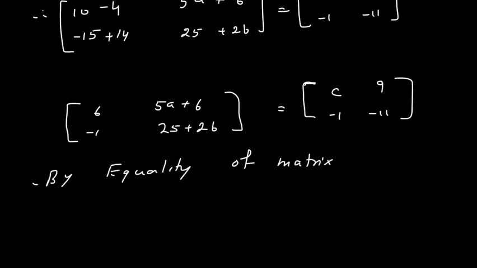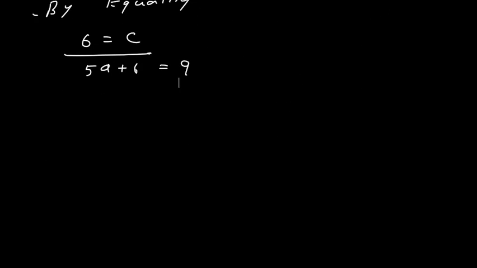So by equality of matrix we have 6 is equal to c, so we get the value of c. Then we have 5a plus 6 is equal to 9, therefore we get the value of 5a as equal to 9 minus 6, which is 3. So therefore a will be 3 upon 5.